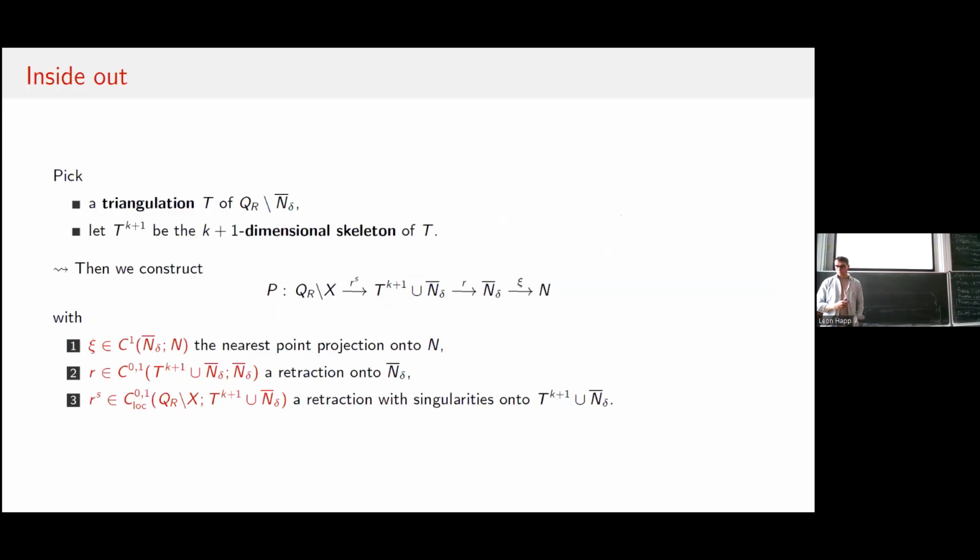Okay. Let me maybe shortly tell you something about the construction there. So let's think in terms of this. So you look at the triangulation. So the triangulation consists of simplices of higher and higher dimensions, of course. And those simplices are homeomorphic to a ball.